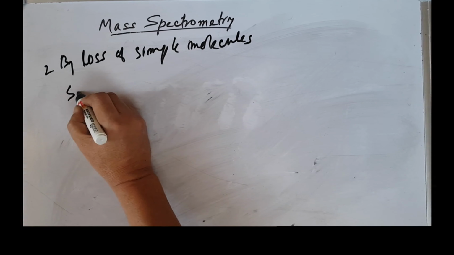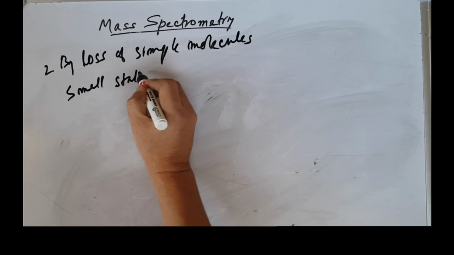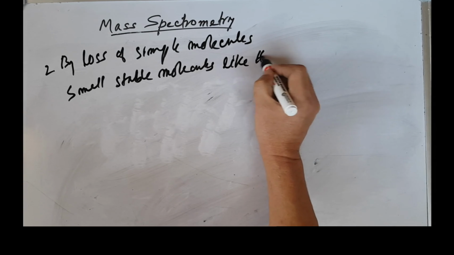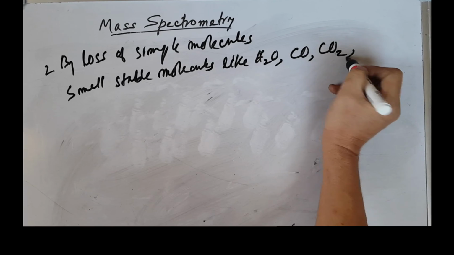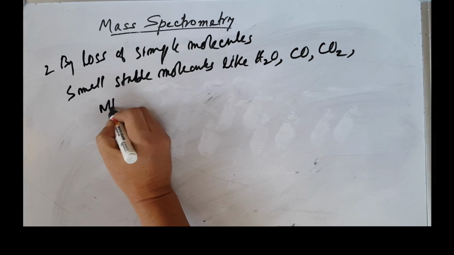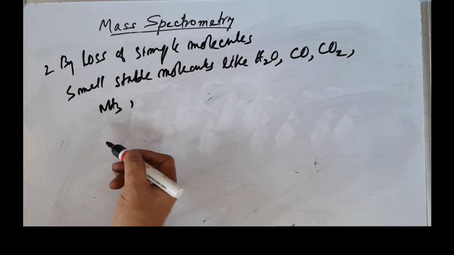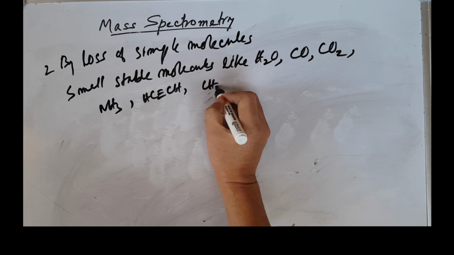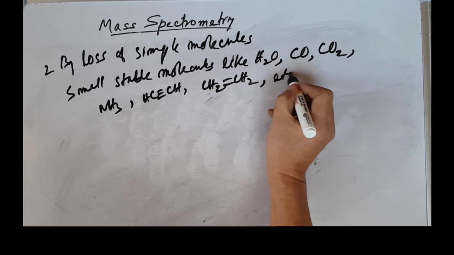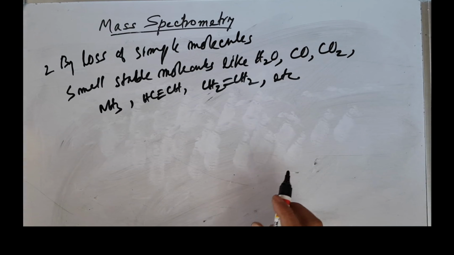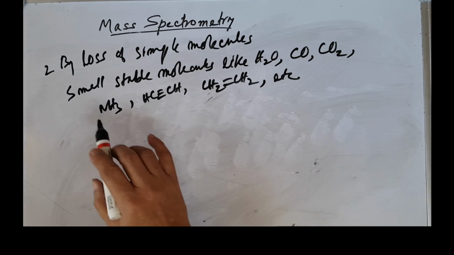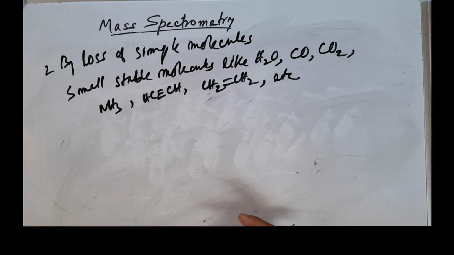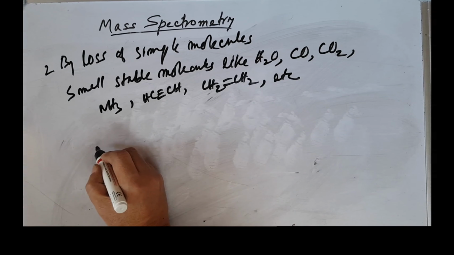Small stable molecules like water, carbon monoxide, carbon dioxide, nitrogen, ammonia, and from the amines, ethylene, CH2=CH2, etc. So small stable molecules like water, carbon dioxide, ammonia, and ethylene can be lost by fragmentation of the ion.